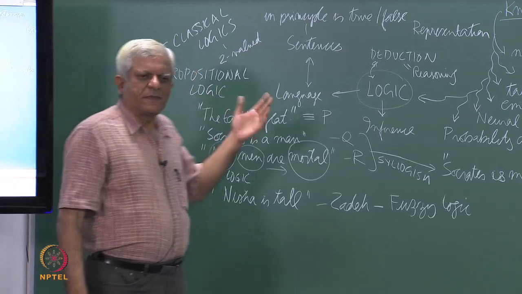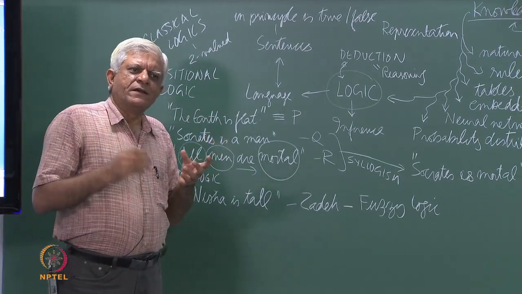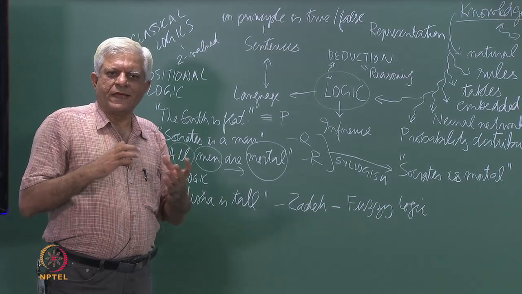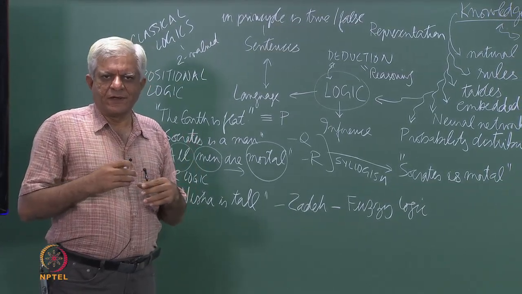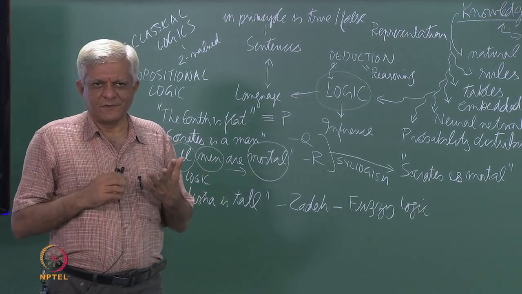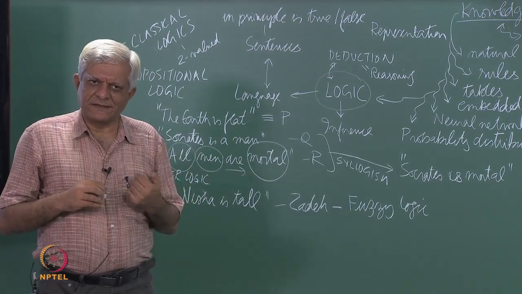But people have thought about multi-valued logic. So, somebody says maybe you should have 3 values, true, false and maybe, or true, false and do not know. People have tried to devise logics like that essentially.